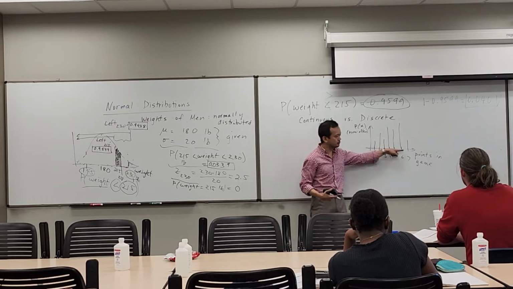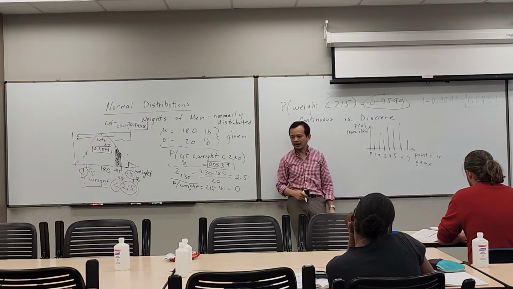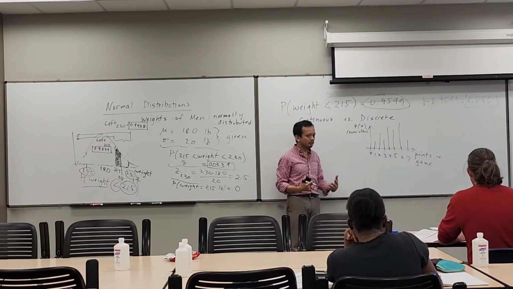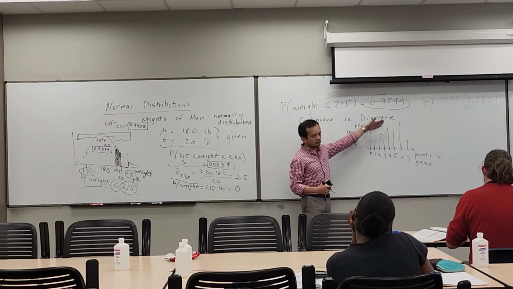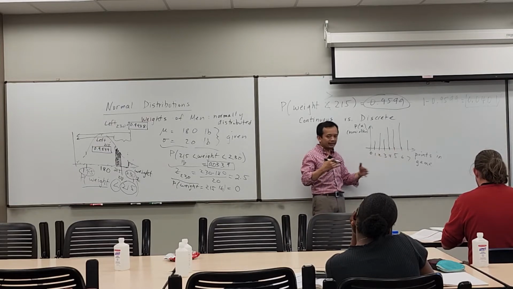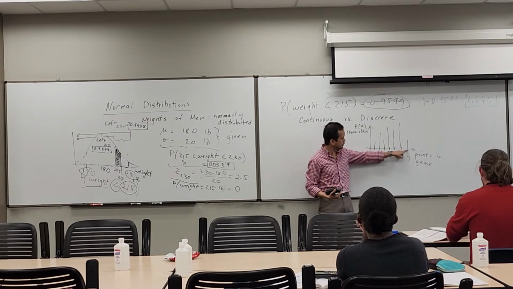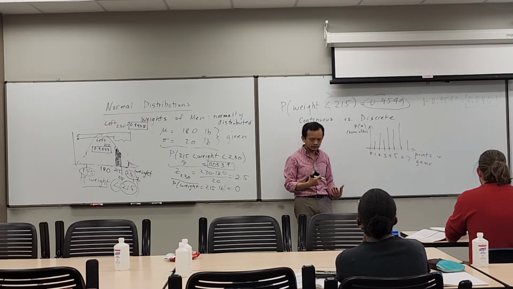You can only have this whole number of points, and the heights of the bars represent how often each value occurs. And the gaps represent impossibility for those values. So this is a discrete distribution, meaning that there are only a finite number of values that have representation. All these points with the gaps, it's not possible there, so there's no representation.